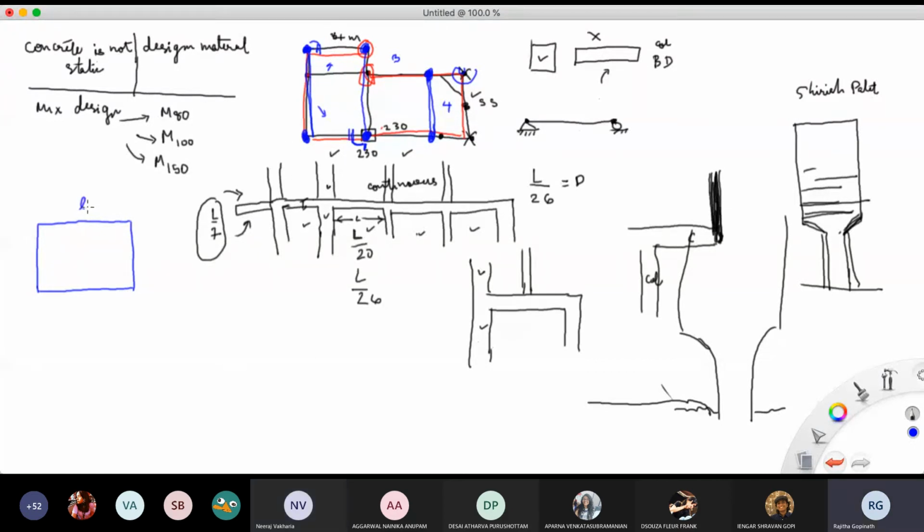Let's say this is Lx and this is Ly. The ratio Ly by Lx, if it is less than or equal to 2, then it is called a two-way slab. If it is not the case, then it's called a one-way slab.